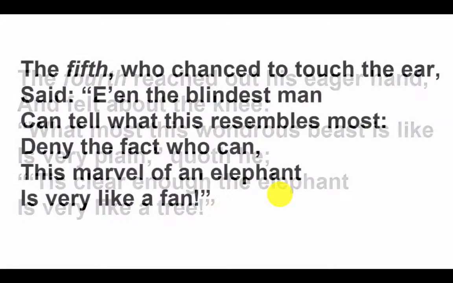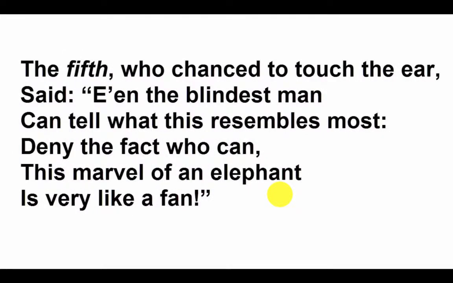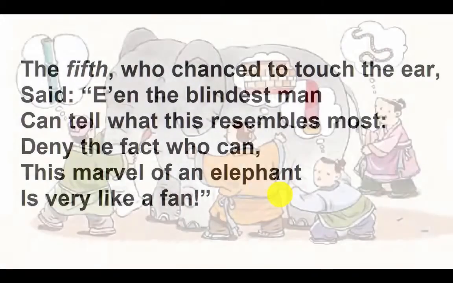a tree." The fifth, who chanced to touch the ear, said, "E'en the blindest man can tell what this resembles most. Deny the fact who can? This marvel of an elephant is very like a fan."